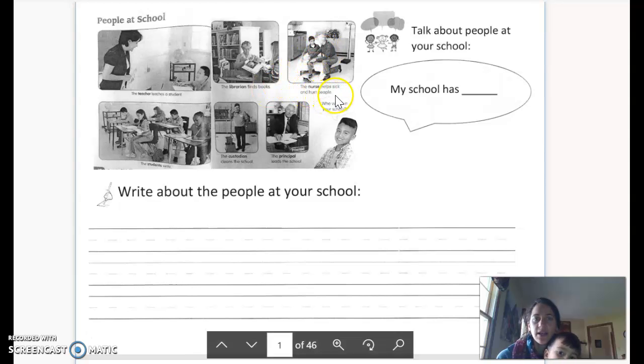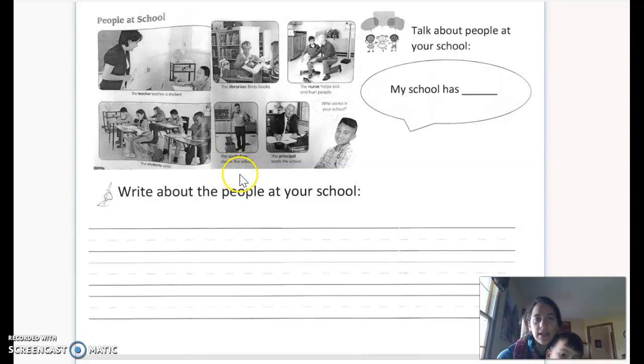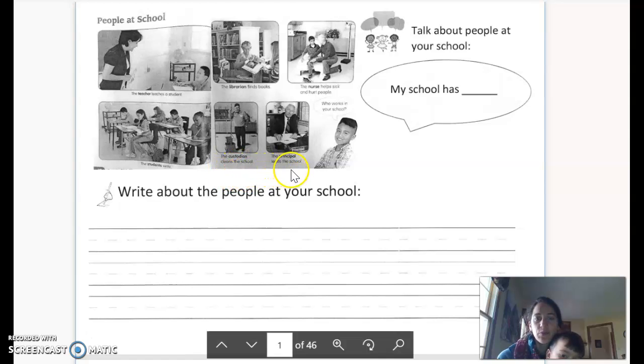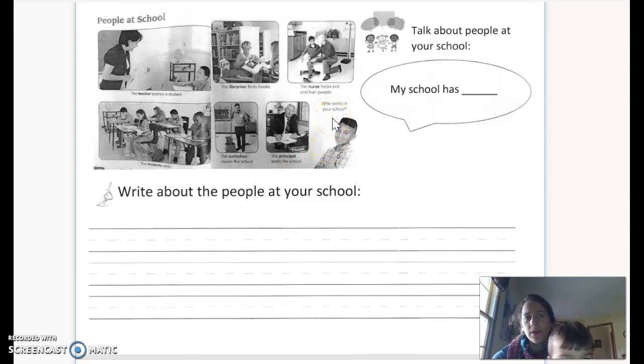The nurse helps sick and hurt people. The students write. The custodian cleans the school. And the principal leads the school. Think, who is at your school? And we're going to write about it.